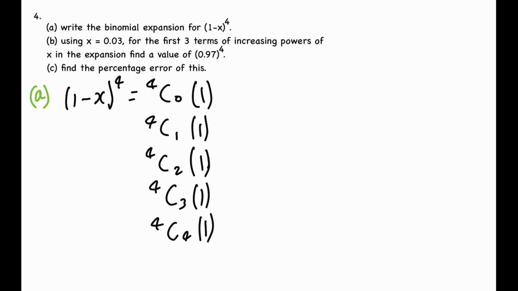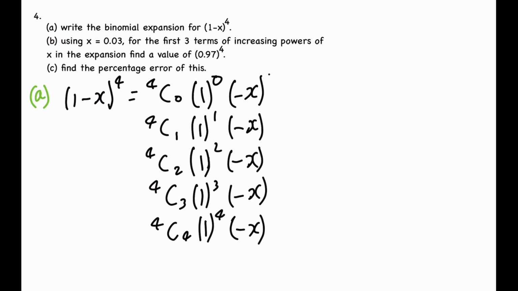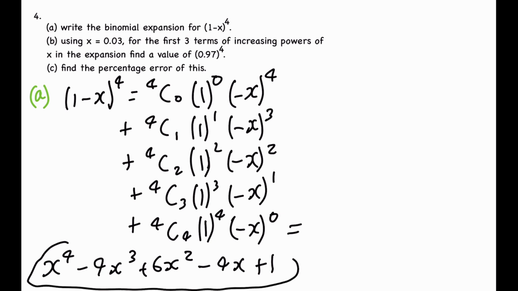So for the 1 term, it would go from 0, 1, 2, 3, 4, and for the minus x term, we would get 4, 3, 2, 1, 0, the other way around. And if we just add all of these together, this would be our expansion for (1 minus x) to the power 4.